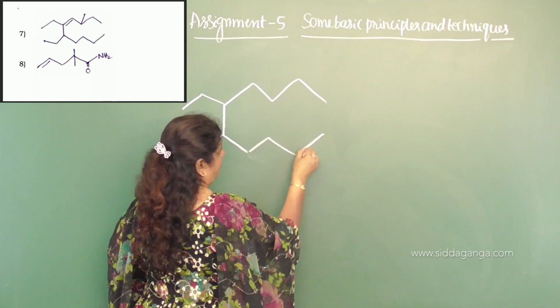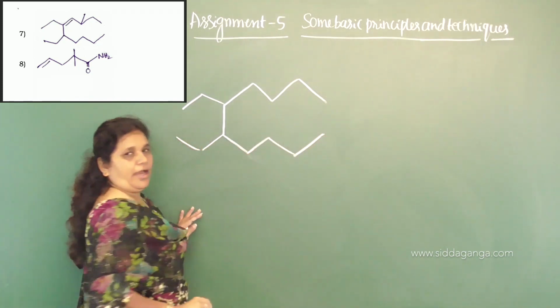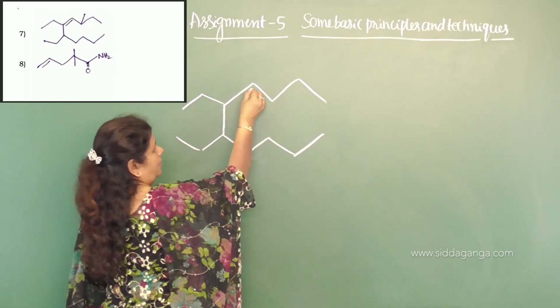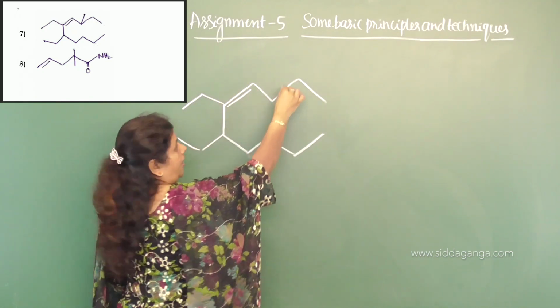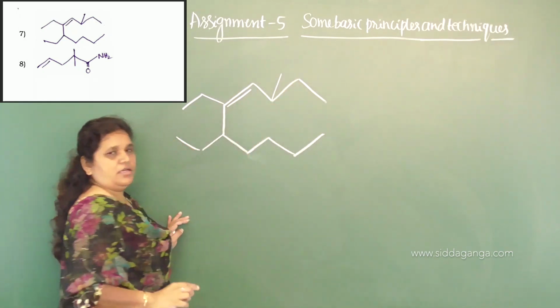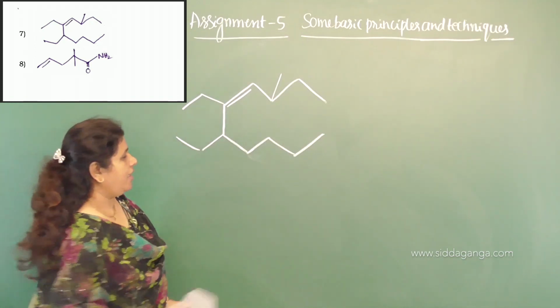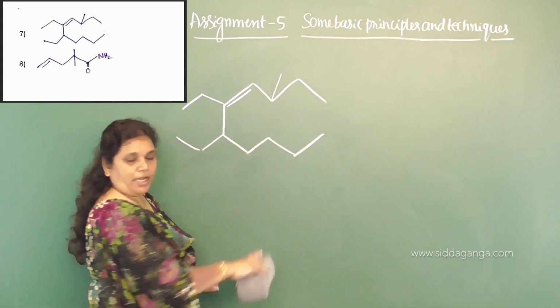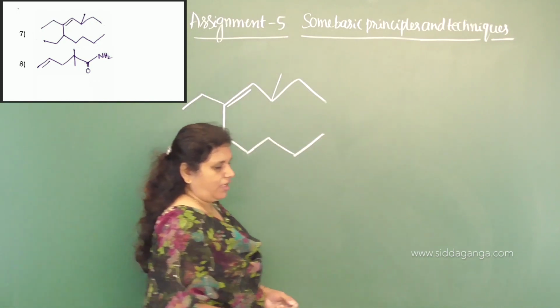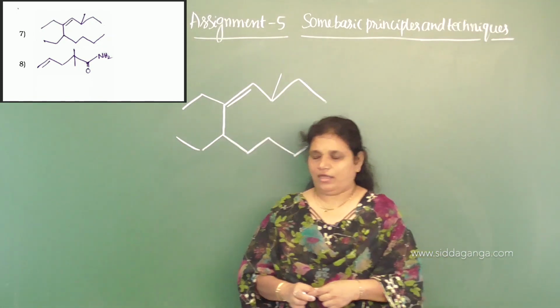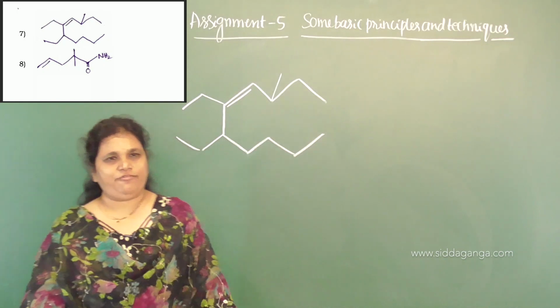So this is the compound given, correct? And a double bond is here and one methyl group is here, correct? This compound does not contain any other functional groups, but there is a double bond in a longest chain and the compound is given in a bond line formula.